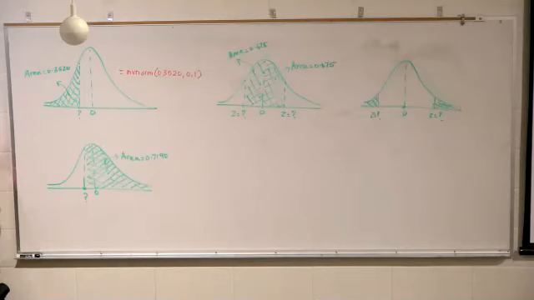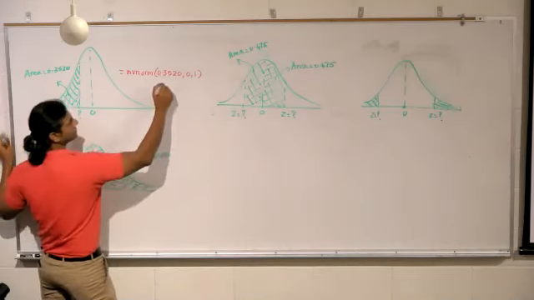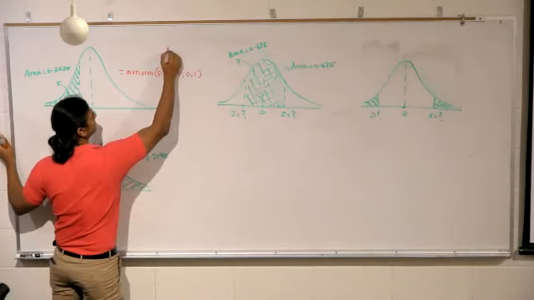Anytime the problem states standard normal, or gives you mean 0, standard deviation 1, we're talking about a standard normal distribution. So plug that in, what do you get? Negative 0.3799.